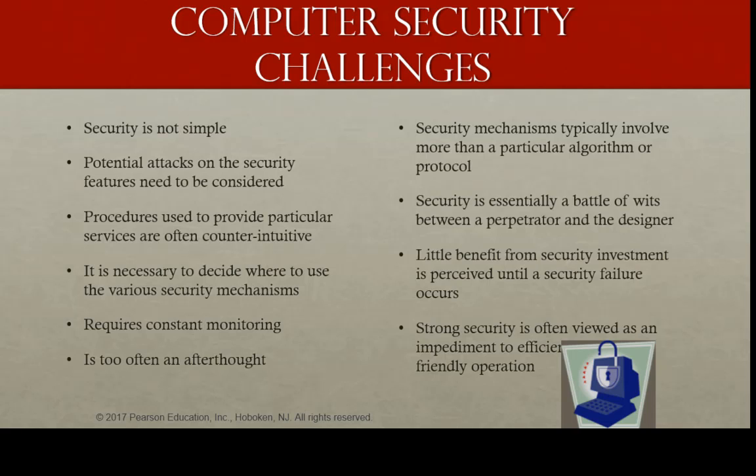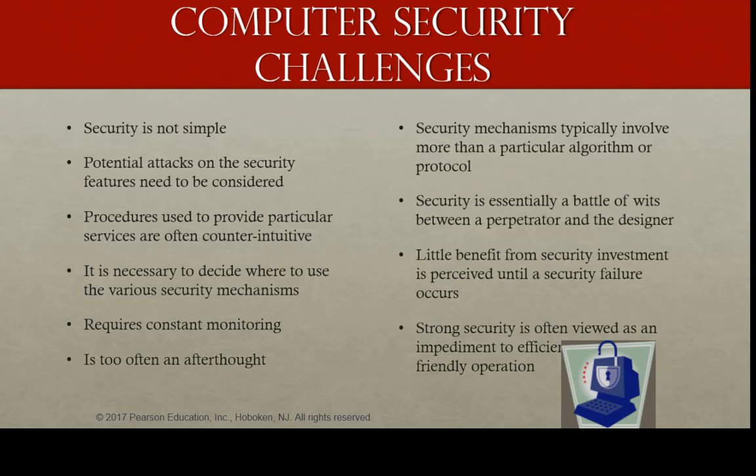2. In developing a particular security mechanism or algorithm, one must always consider potential attacks on those security features. In many cases, successful attacks are designed by looking at a problem in a completely different way, therefore exploiting an unexpected weakness in the mechanism. 3.